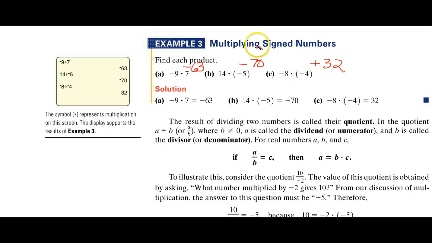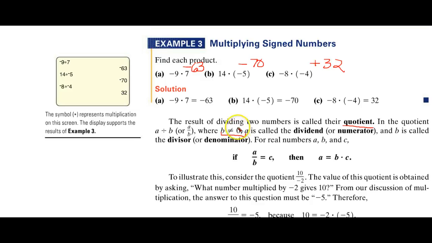Now, the next operation is division. The result of dividing two numbers is called the quotient, where we have A divided by B or A over B. You can't have a denominator be a 0.